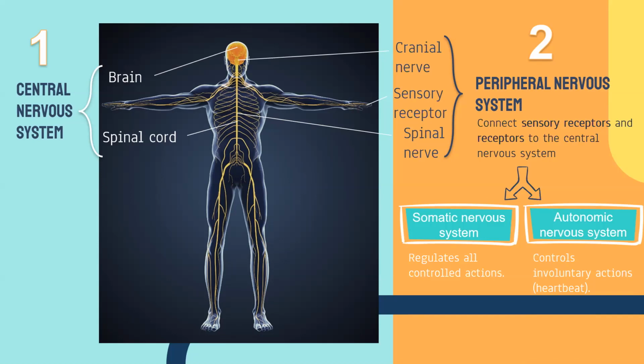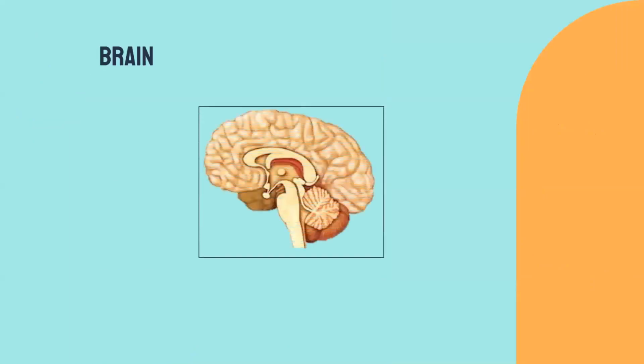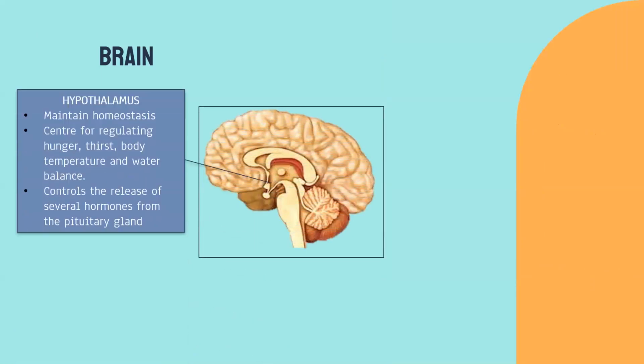For example, the heartbeat. Now, for the next slide, we are going to focus on the central nervous system, the first part, which is the brain. This is the cross section of the brain. The first part that you need to know about is the hypothalamus. So this is the hypothalamus.